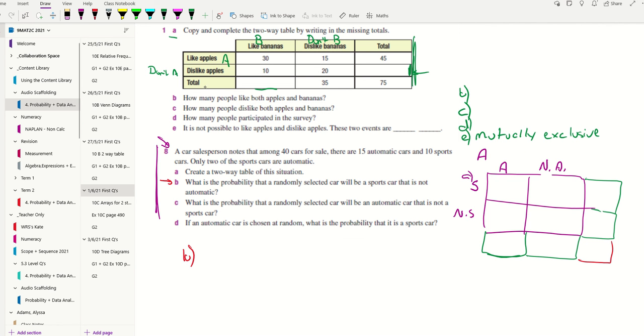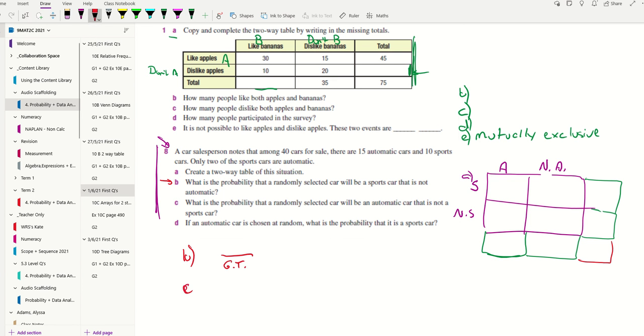I might just get rid of these because they're confusing. It's a sports car, it's not automatic, so it's S but not A. And for probability, that's going to end up being a fraction with your grand total underneath and the other number on top.